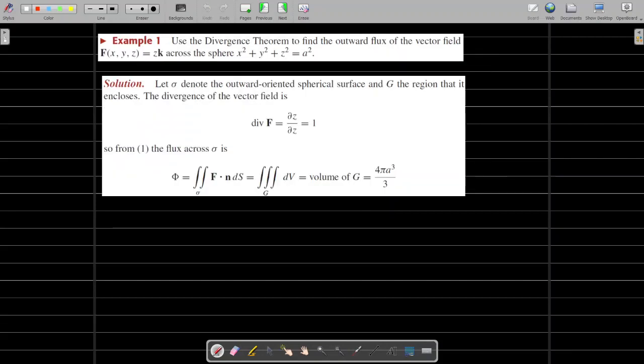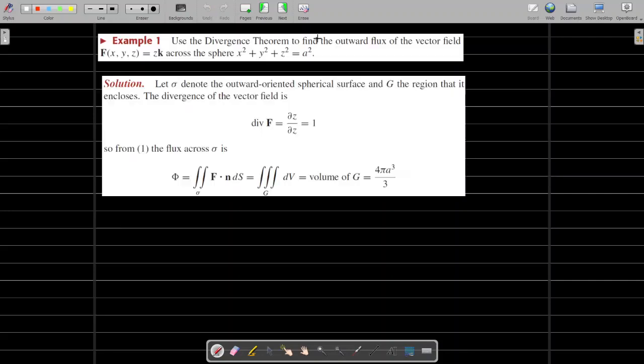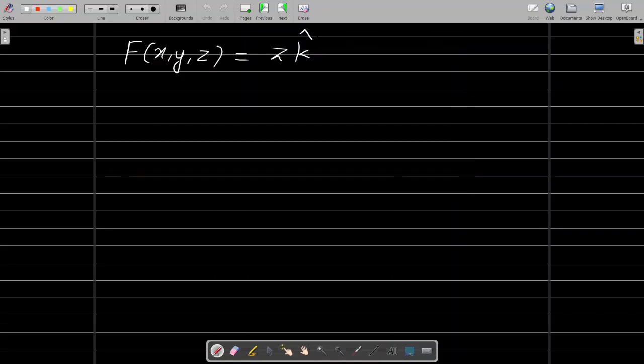Now let's look at a question. Use the divergence theorem to find the outward flux of the vector field F of xyz equal to zk across the sphere x square plus y square plus z square equal to a square.